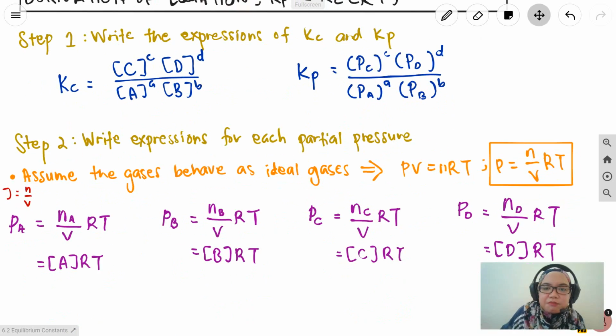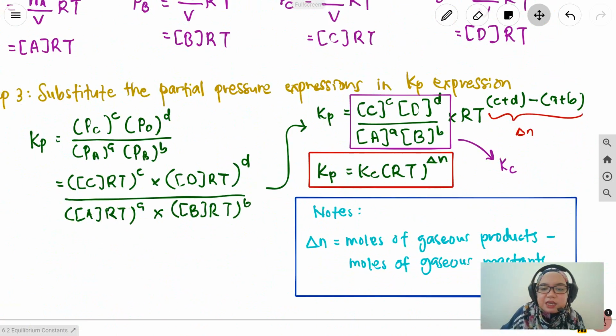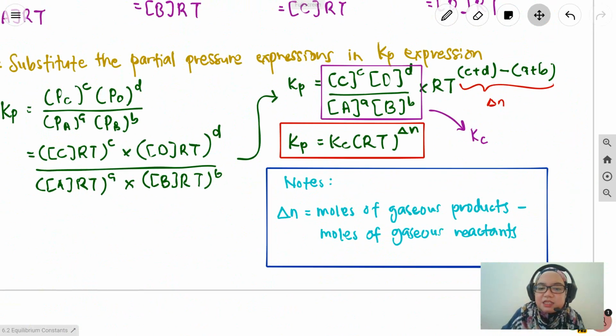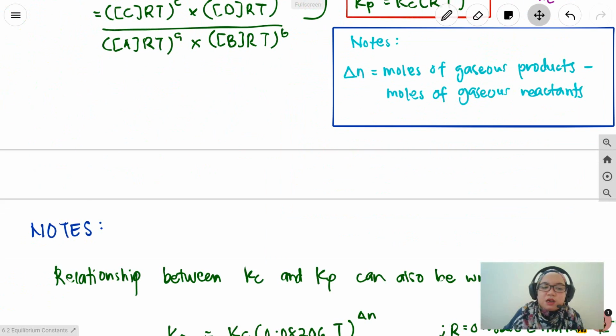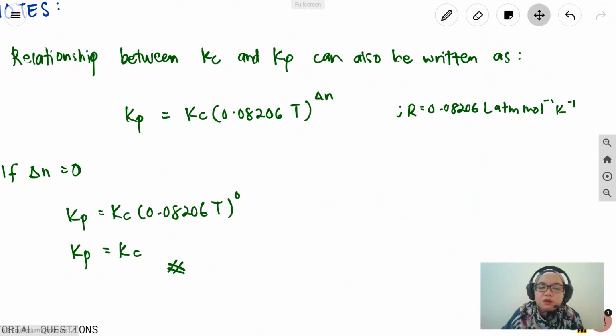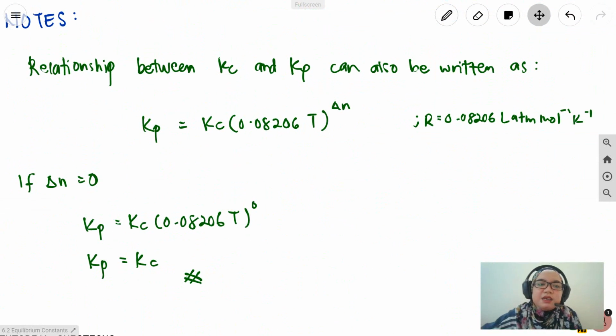Okay, so it's very simple. Remember that delta n is equal to moles of gaseous products minus moles of gaseous reactants. So remember that, okay? Now, this one shows that Kp can also be equal to Kc.